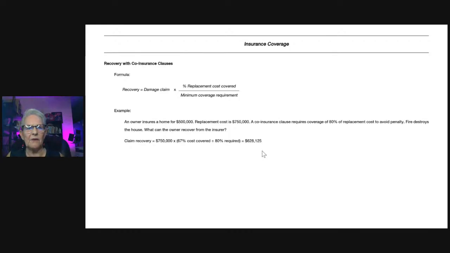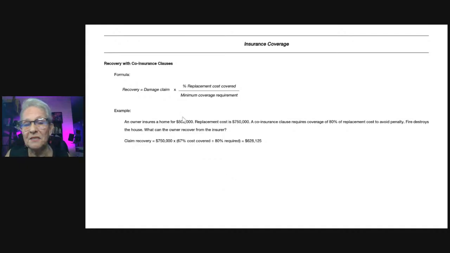Okay, because they've got to take current prices of material to rebuild that home. So they have their percentage of coverage divided by 80% of replacement cost. So that may be pretty good. It depends how long they've had the home and what kind of improvements they made.